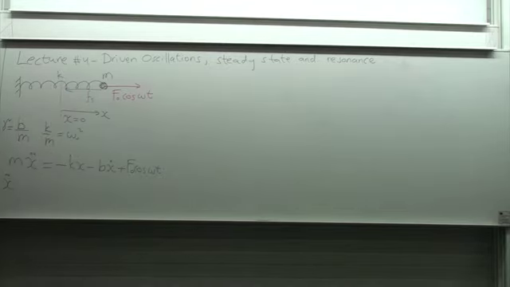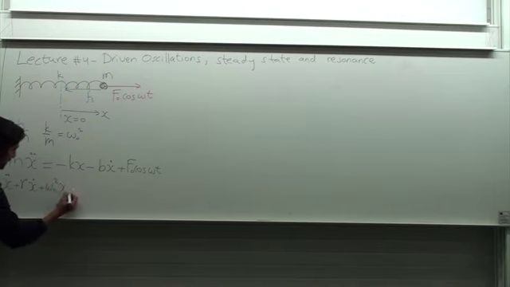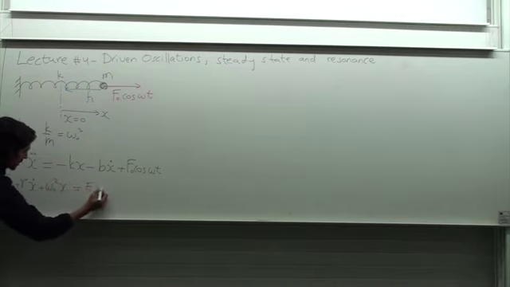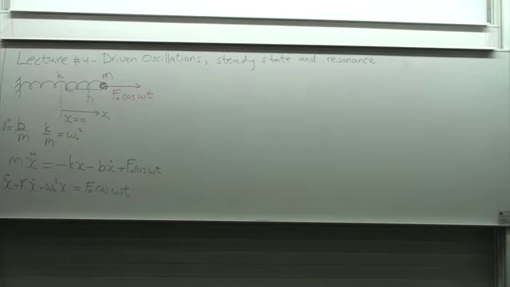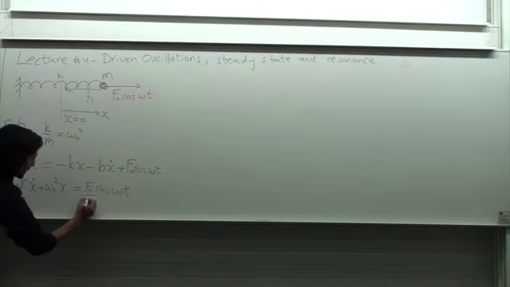So we have x double dot plus gamma x dot plus omega 0 squared x equals F0 cosine omega t, divided by m.